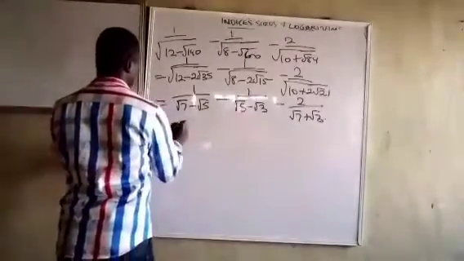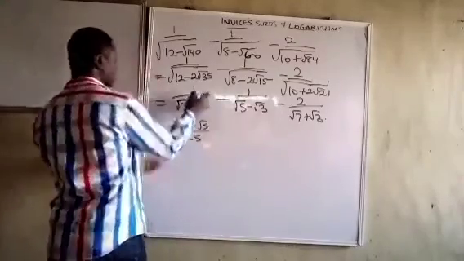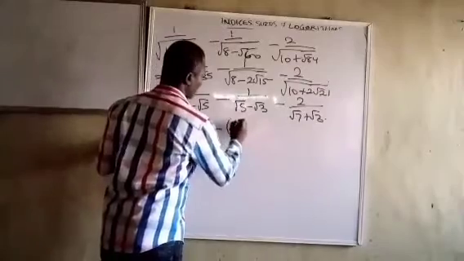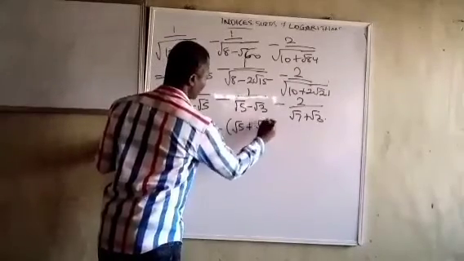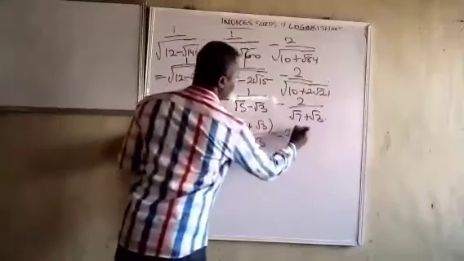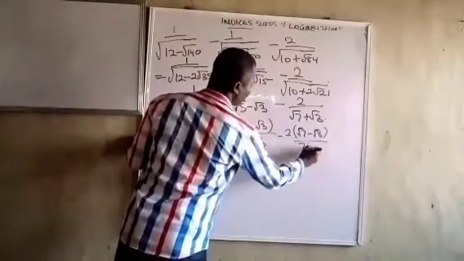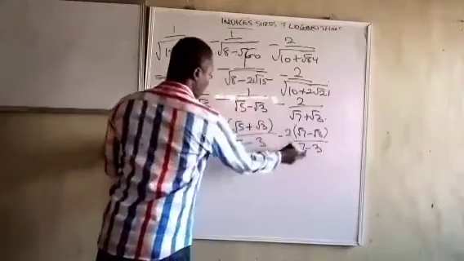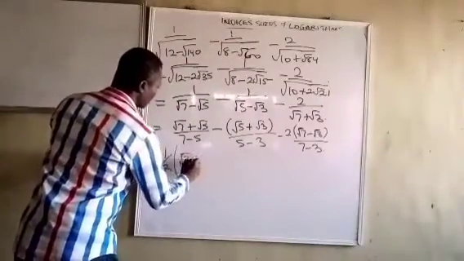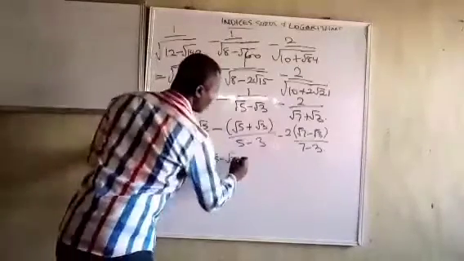So this one is now going to be root 7 plus root 5 over 7 minus 5, multiplying the denominator and numerator by the conjugate of the denominator, minus root of 5 plus root 3 over 5 minus 3, minus 2 into root of 7 minus root 3 over 7 minus 3. You know this one is 4, so divided by this one gives half. So they have half in common. So I have root 7 plus root 5 minus root 5 minus root 3 minus root.